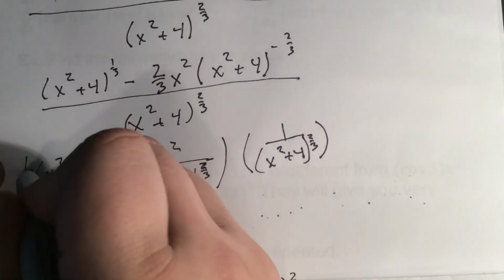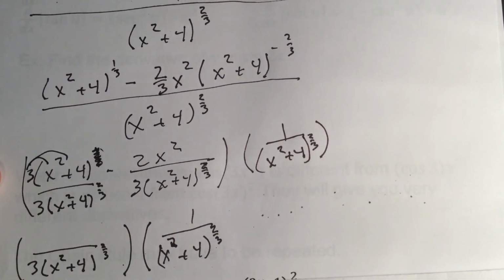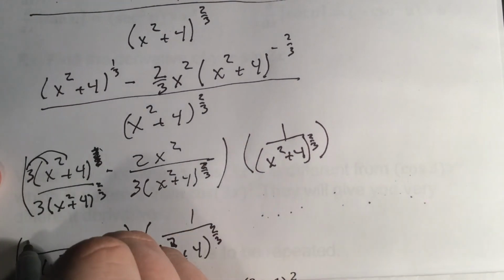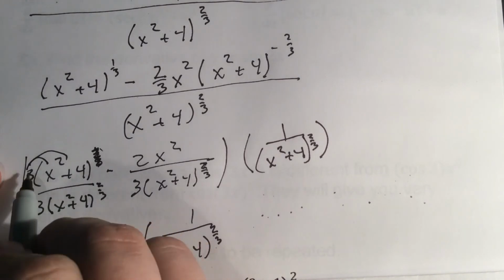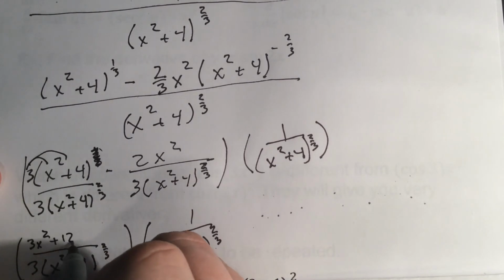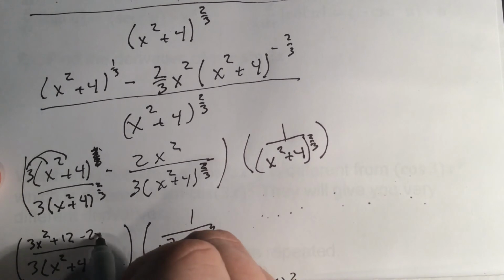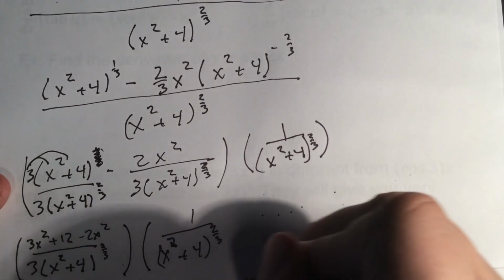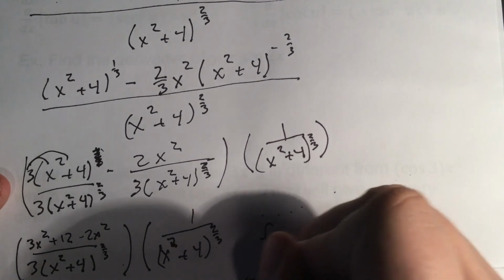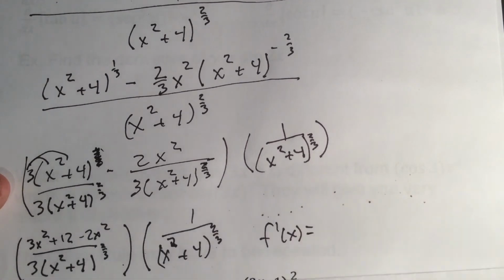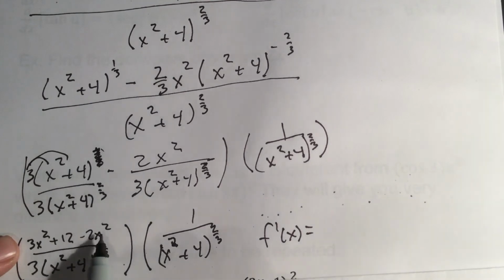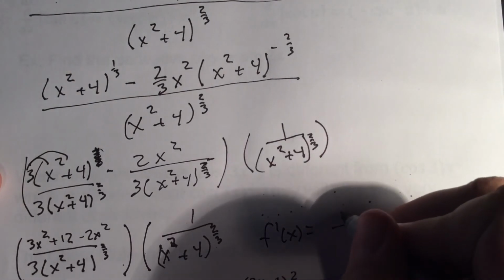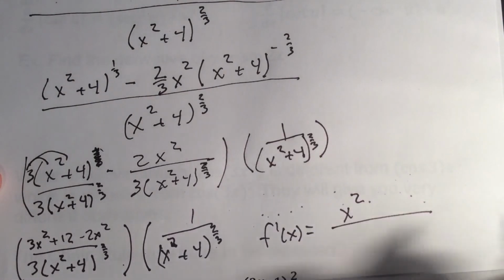Now on top here, we would distribute the 3 in. So 3x squared, 3 times 4 would be plus 12, minus 2x squared. So when we put this all together now, so f prime of x, our derivative, is going to be this. 3x squared and a minus 2x squared, we would be left with an x squared on top.